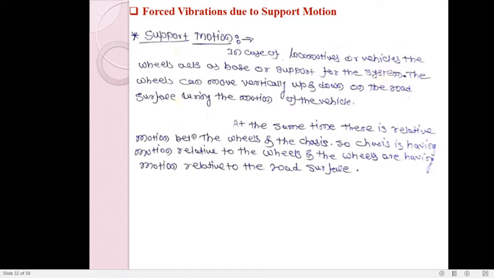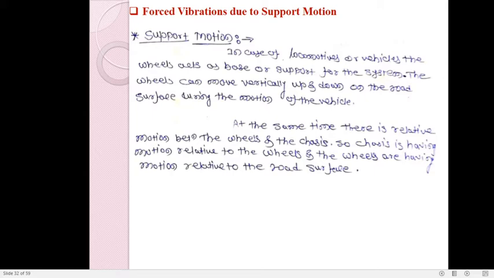As you know, in locomotives or in our two wheelers or four wheelers, the wheels act as a base or support for the total system. On our wheels through chassis we have kept our total mass.